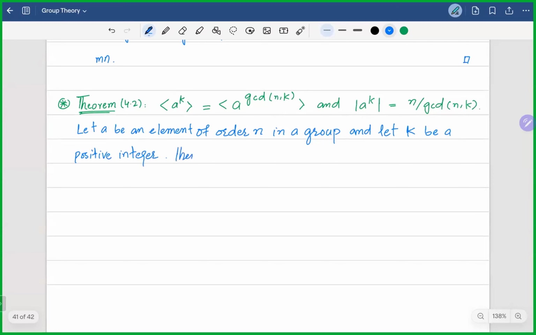Then the set generated by a power k is the set generated by a power GCD of n and k, and the order of a power k is given by n divided by GCD of n and k.